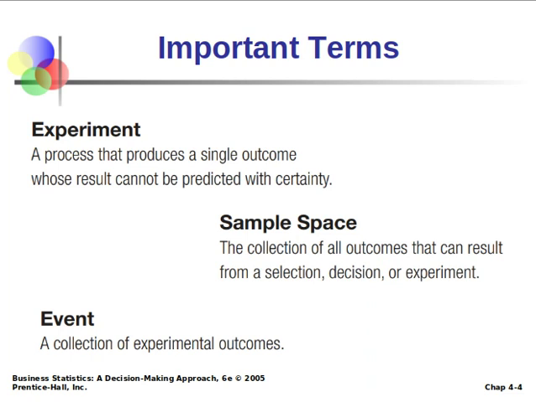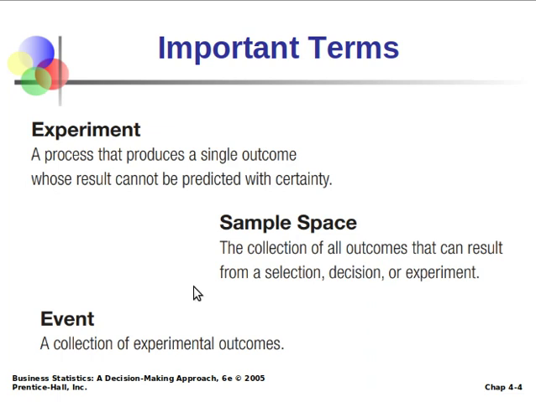That was probability. Now experiment. For this chapter, this discussion, experiment is a process that produces a single outcome whose result cannot be predicted with certainty. The experiment maman siya. We are not sure what the outcome would be.